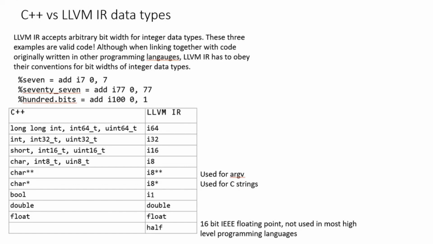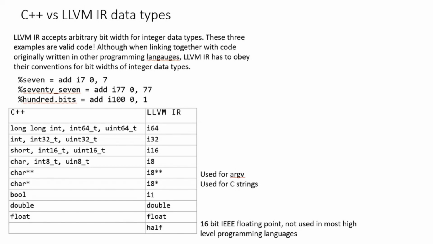You could have a 7-bit integer, or a 77-bit integer, or a 100-bit integer. Now that's cool and all, but when linking together with code originally written in other programming languages, LLVM intermediate representation has to obey their conventions for bit widths of integer data types. So usually you would not see such data types pop up.